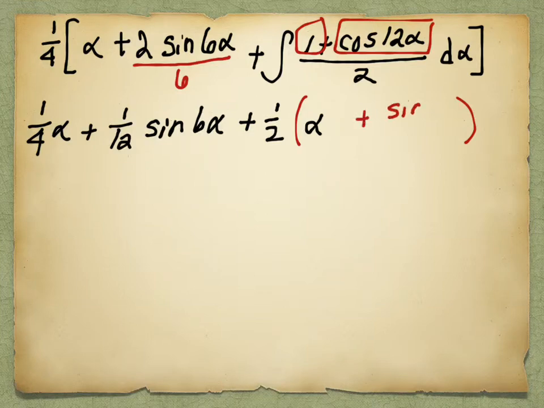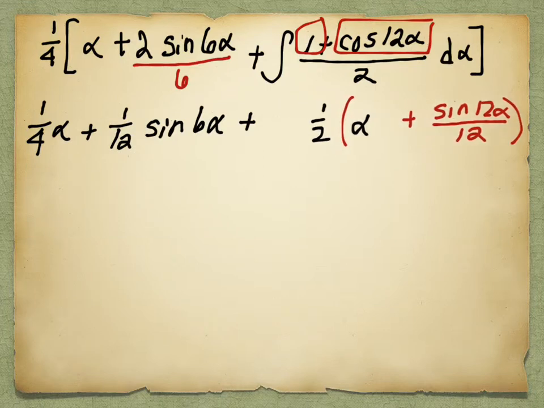Sine of 12 alpha, and then what? Say it louder for me. Divided by 12, exactly. And I missed one piece along the way here, so let me put it in here. I should have a 1/4 also times this last integral, right?